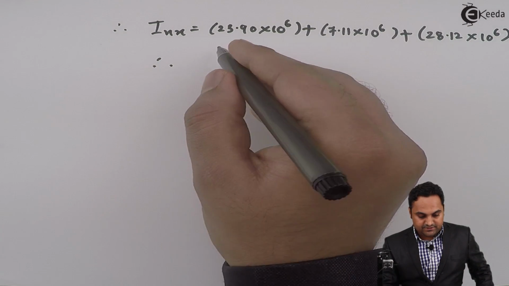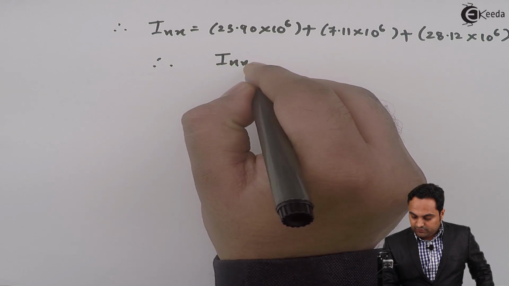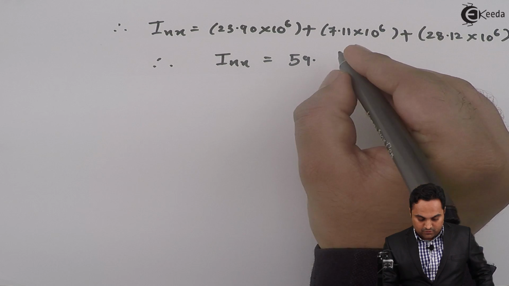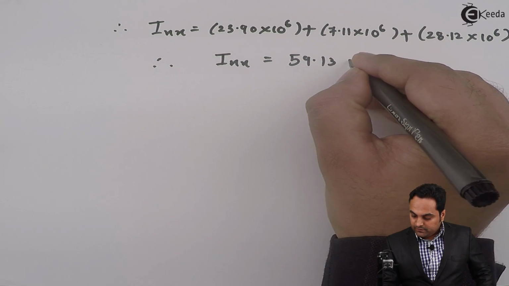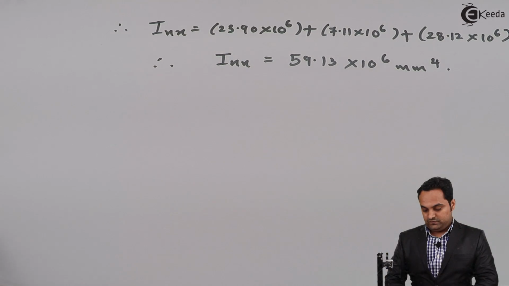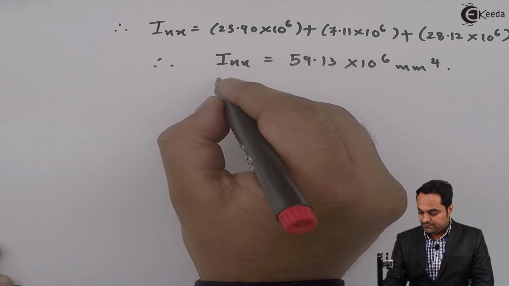So after adding these three values, the answer of Ixx comes out to be 59.13 into 10 raised to 6 mm raised to 4. So this is the first answer.